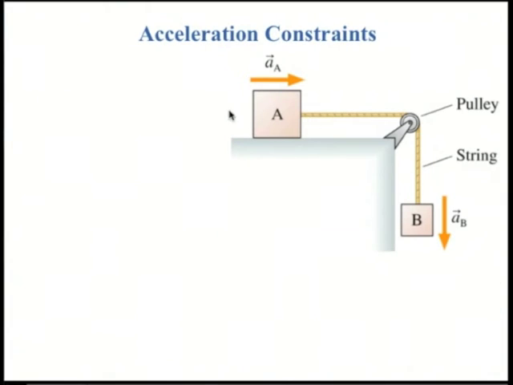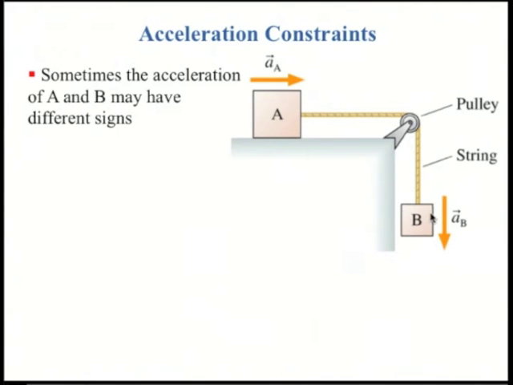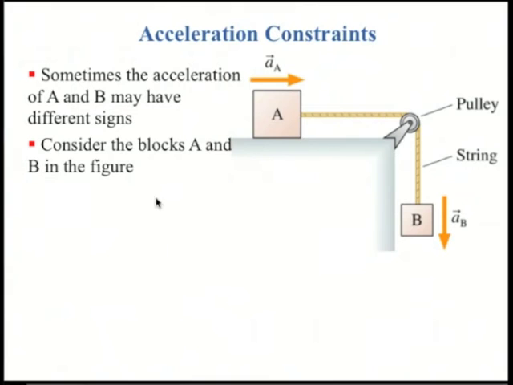Here we have two objects that are connected by a string which goes over a pulley, and it's the same sort of thing. If this object B goes down 1 meter, in that same amount of time, object A has to go to the right by 1 meter because they're connected. So the magnitudes of their displacements will be the same, magnitudes of their velocities will be the same, and the magnitudes of their accelerations will be the same.